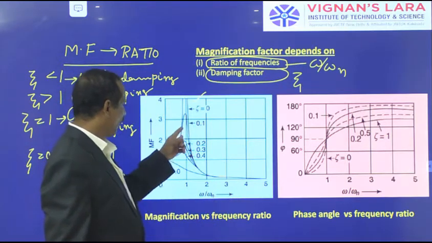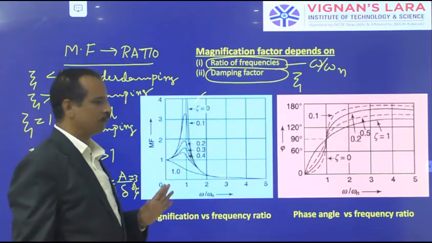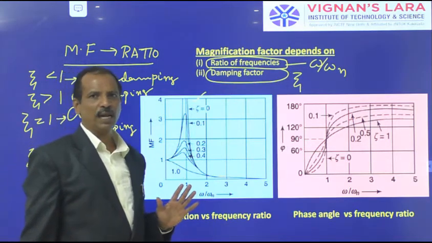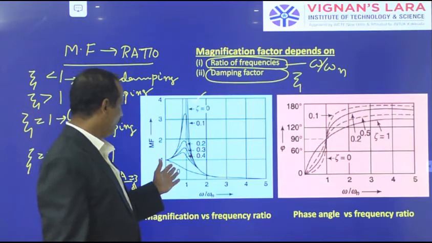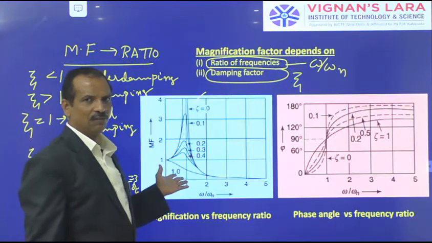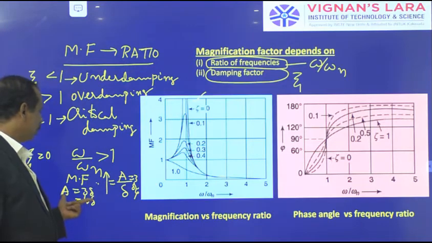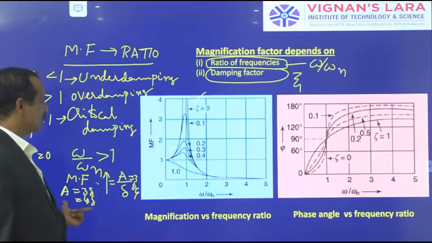Similarly, if I provide some amount of damping, like 0.1, 0.2, 0.3, 0.4, then automatically my magnification factor is decreasing. That means the amplitude under the damped vibration will be reduced to something like 2 times, 1 time.